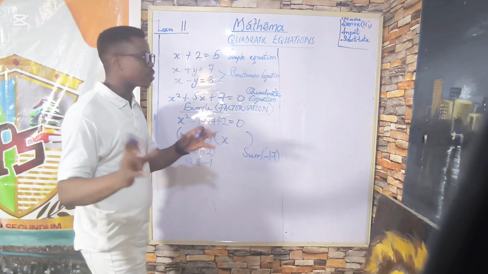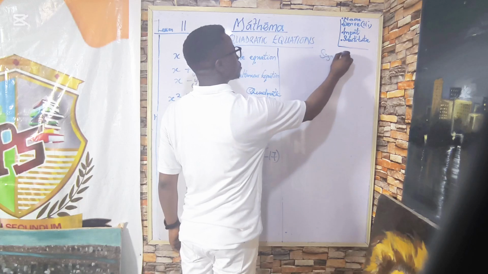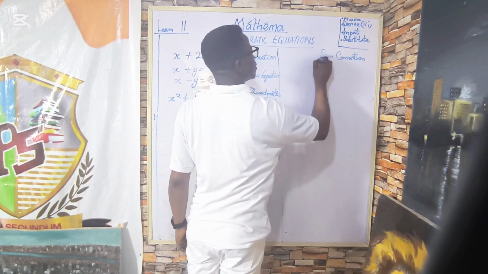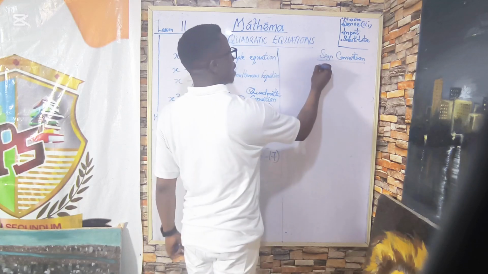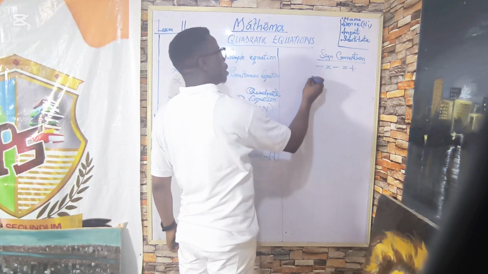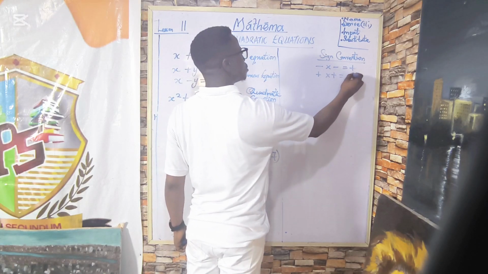I'll quickly take us to our sign convention. It's important we note, just for the sake of knowledge, our sign convention. We have minus times minus giving us plus, and plus times plus giving us plus.